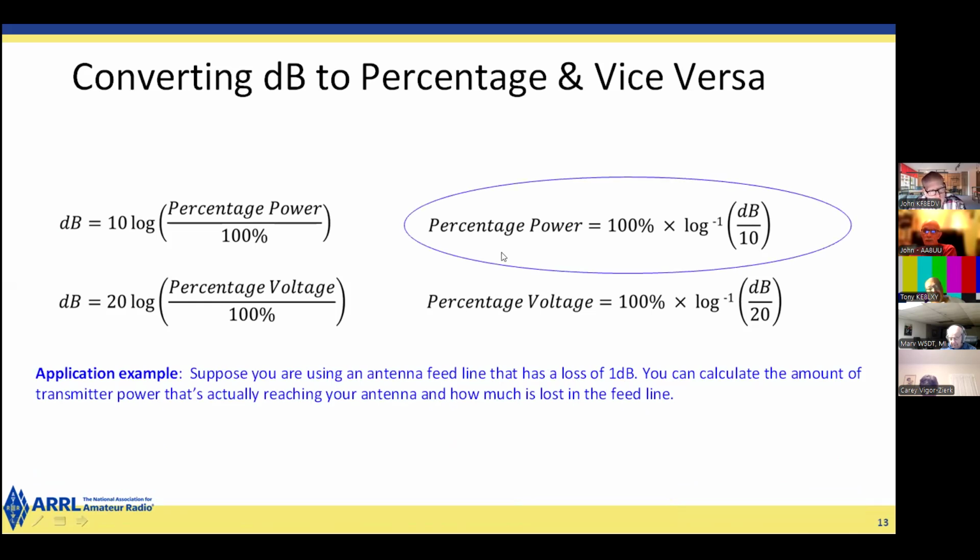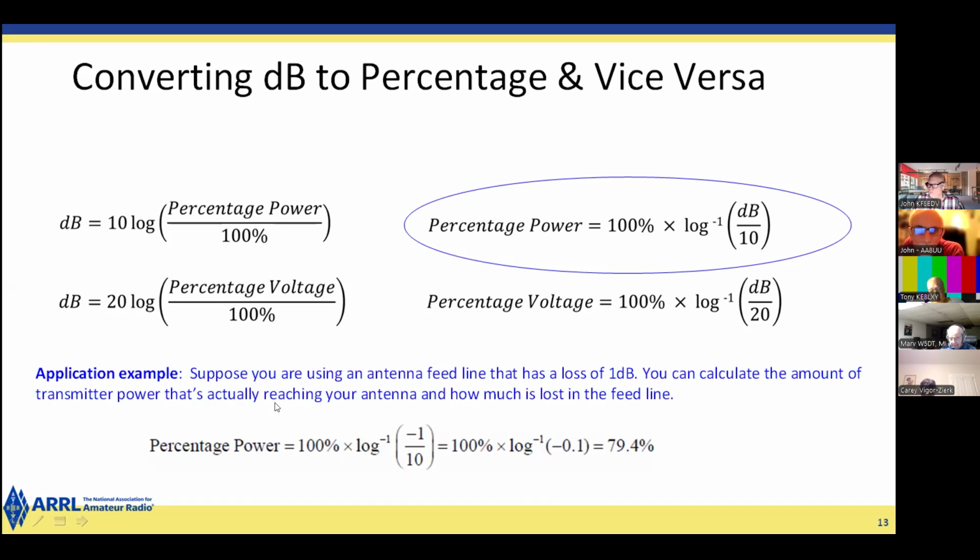You use the percentage power calculation. 100% times the inverse log of -1 dB, because it's a loss, and since it's power, you divide by 10.